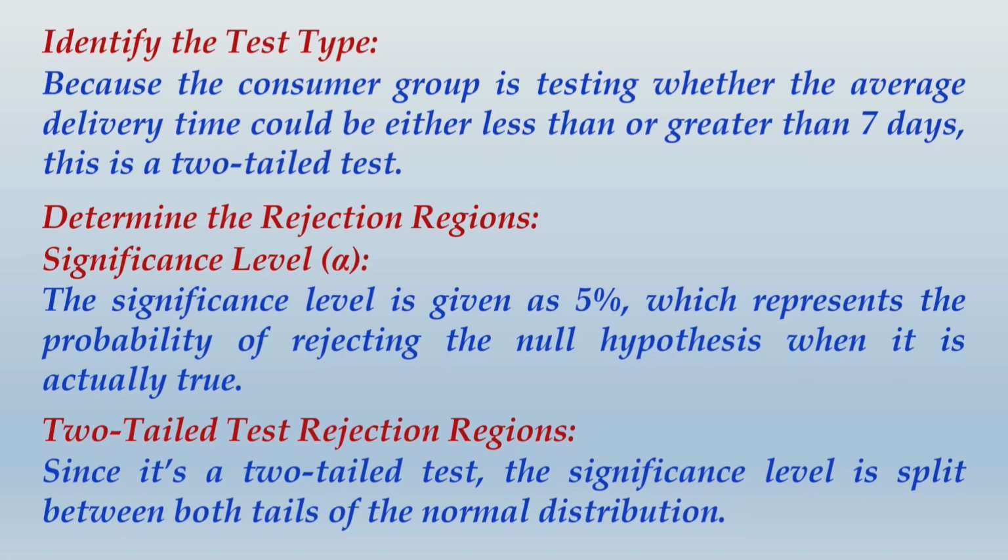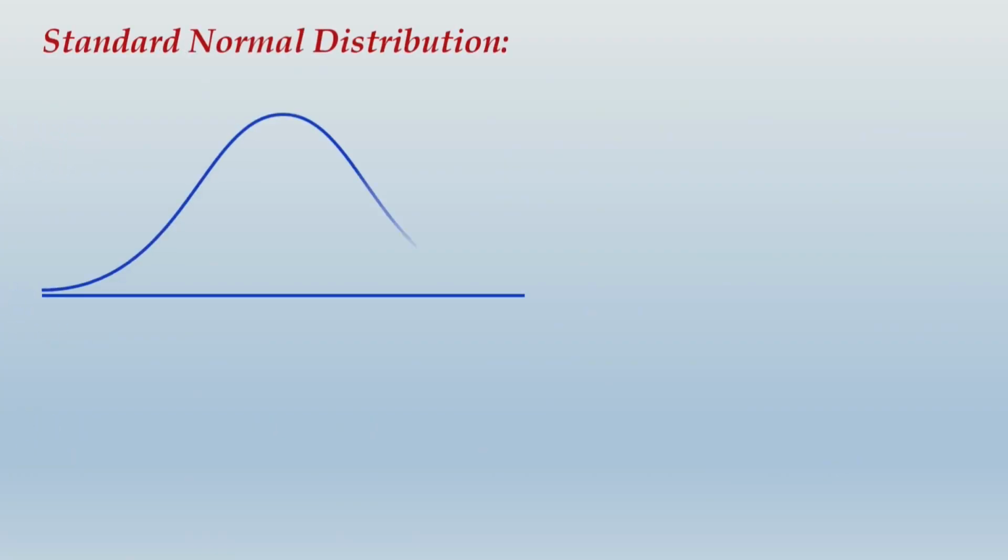Alright friends, once you have completed writing this whole thing, let us move ahead and continue further. We go for the standard normal distribution. We are introducing the standard normal distribution only because it is the Z test that is going to apply, because the distribution has to be the Z distribution or normal distribution.